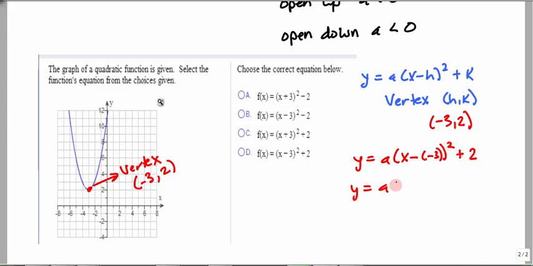And again, I'm not going to be able to figure out what the a is just from the vertex. But this should be what the general form looks like. So where do I have a +3 and a +2? Looks like letter C. So that's going to be the fit here because I have the +3 and the +2. So remember, the x value is opposite and the y value is the actual value.